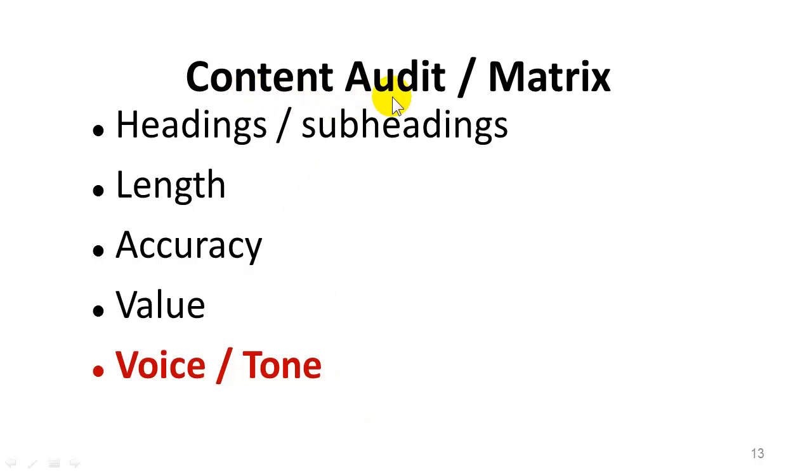Sometimes you might have people talking about developing a matrix, a spreadsheet, so that we have all of the content in one place and we're all on the same page, we know what we're doing. The headings and the subheadings, the terminology that we're going to be using, this is where you develop all that.